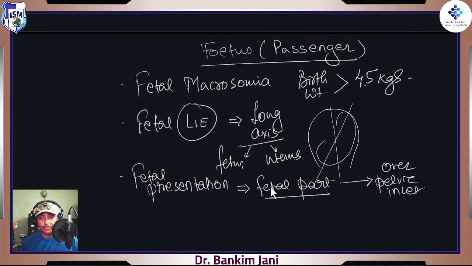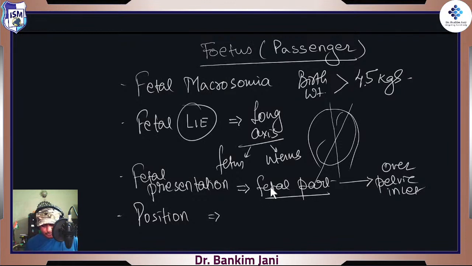Then there would be the position of the fetus. So what's that? Position means how the fetus is sitting inside. Long axis, right? The fetus could be ulta, but in that long axis, that remains same between fetus and uterus, but the position is important.